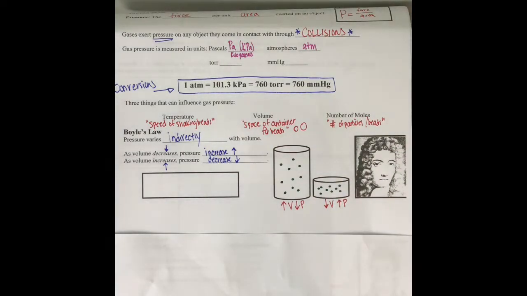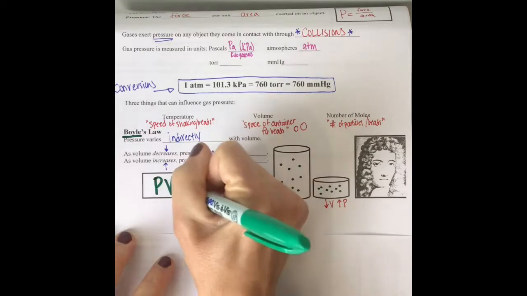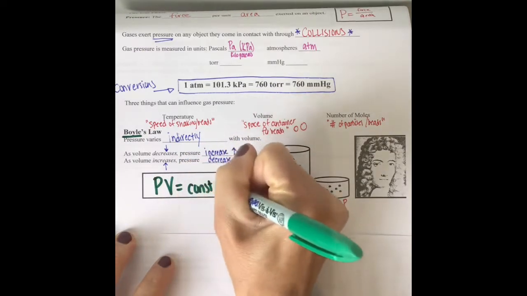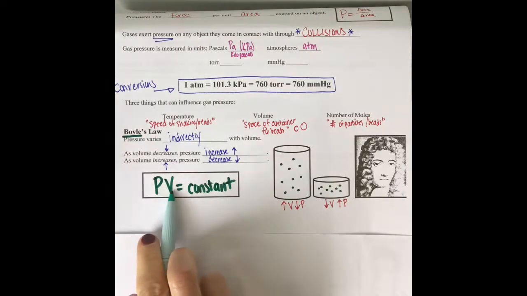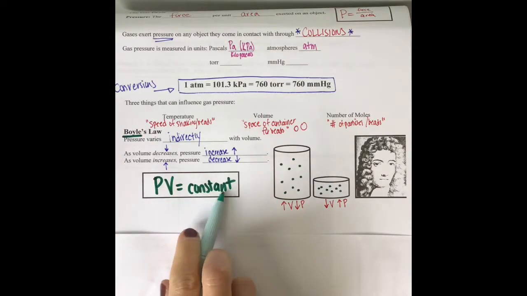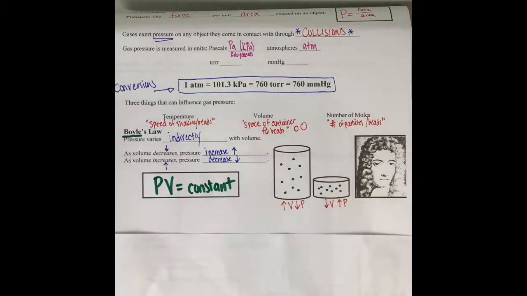The pressure becomes so high that the balloon pops. Okay, so those are some visuals for you to remember for Boyle's law. And the way that we would write that is that pressure and volume remain constant. Pressure times volume equal a constant. So when one goes up, the other must go down in order to remain constant.